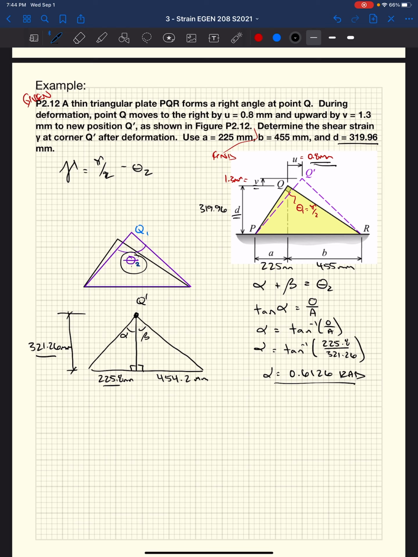Well, if we do the exact same thing with beta, it's going to be the inverse tangent of opposite over adjacent. In our case, opposite is 454.2. Adjacent is the same as alpha. So beta now is 0.9552 radians.